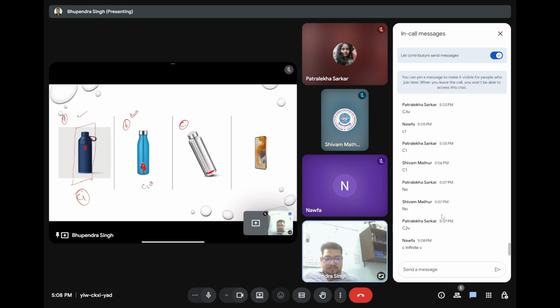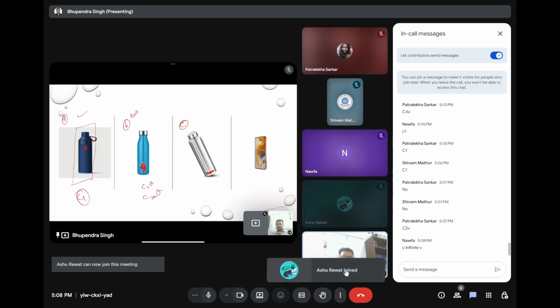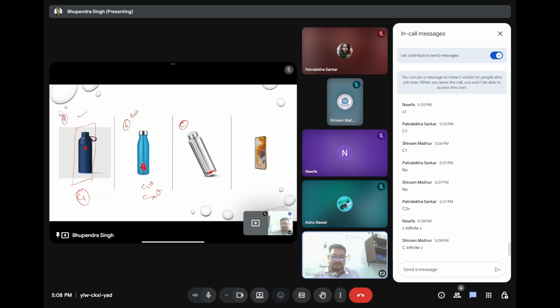Nafa is saying C infinite V. Ashu Rawat again joined at 5 p.m. Nice. Okay, Ashu, try to find out the point group of these bottles. So for the first one, Nafa and Patlekha and Shivam have said that the point group of this bottle is C1.